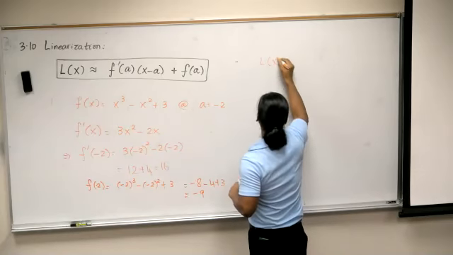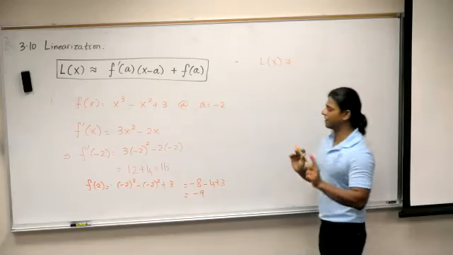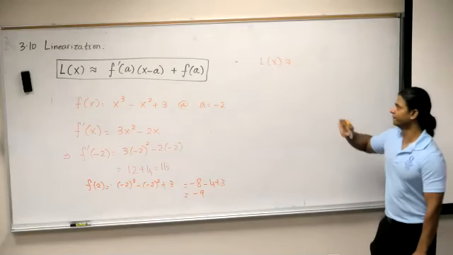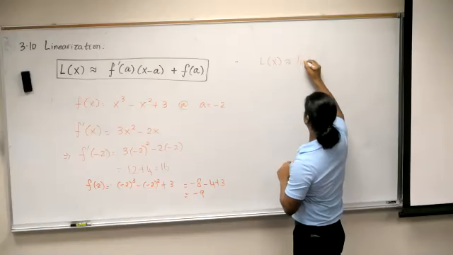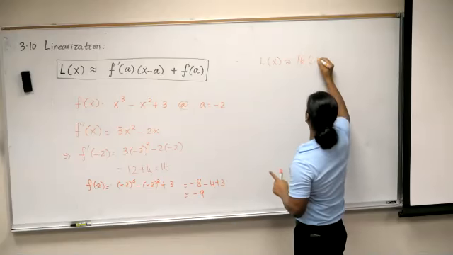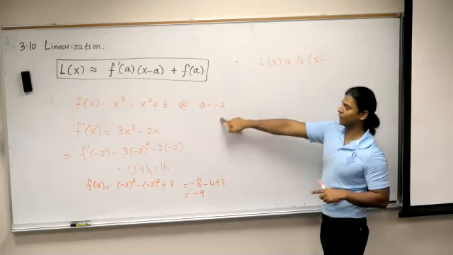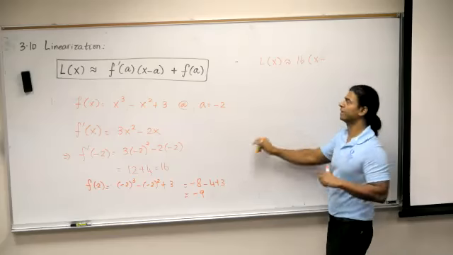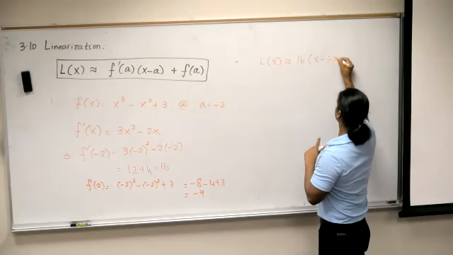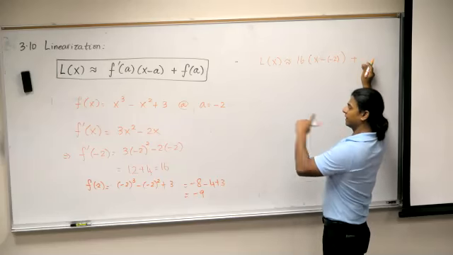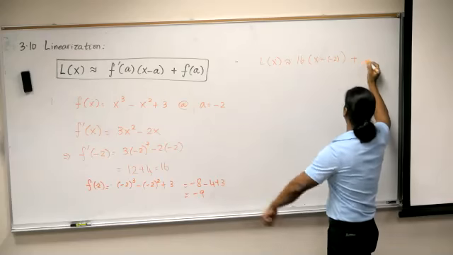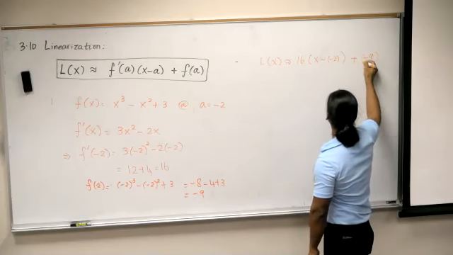So now we have that. The linearization for that function is simply f prime of a, which is 16, times x minus -2, which is +2. Let me not skip a step. Plus f of a, which is f of -2, which is -9.